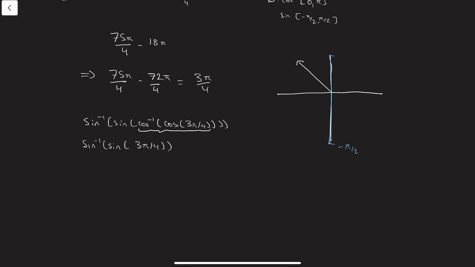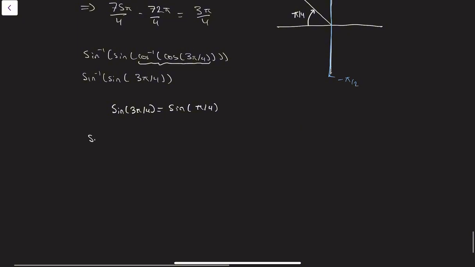Sine is positive in quadrant number 2, so our equivalent value needs to be in quadrant number 1, and that is just this angle, pi over 4, since sine of 3 pi over 4 is equal to sine of pi over 4, and you can verify that. Thus, sine inverse of sine of pi over 4 is just equal to pi over 4. And we'll box that.